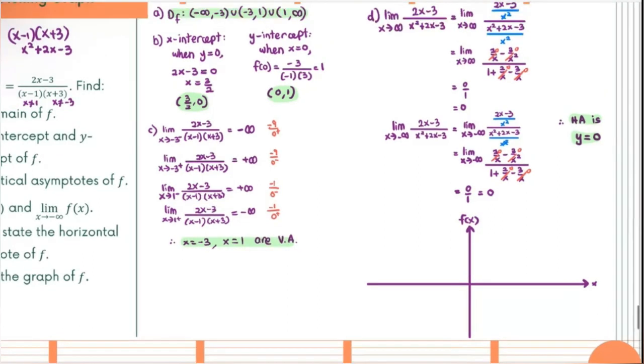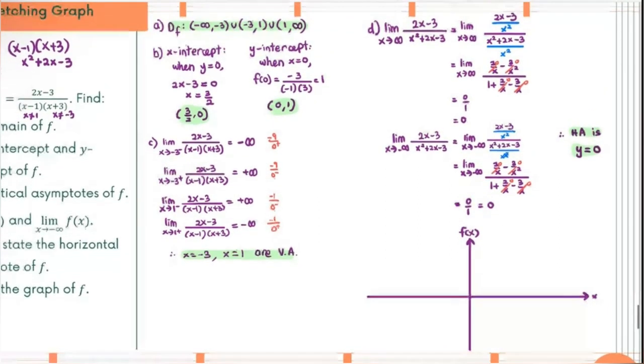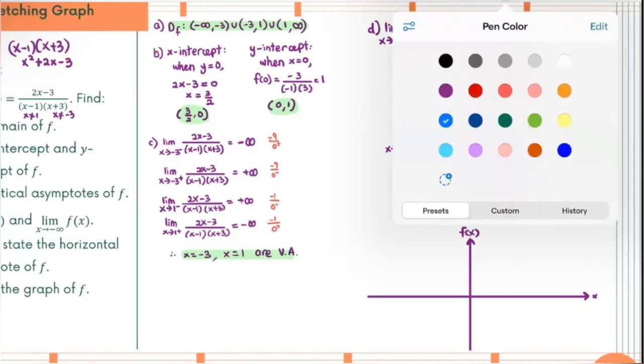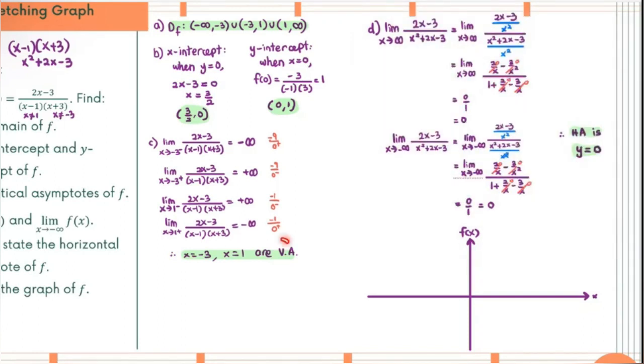Okay, so first of all, kita kena locate the position for our asymptote. So asymptote kat sini vertical adalah x equals to -3. So let's say here is my x equals to -3. Okay, and then kita juga ada x equals to 1. Okay, ini untuk vertical asymptote.